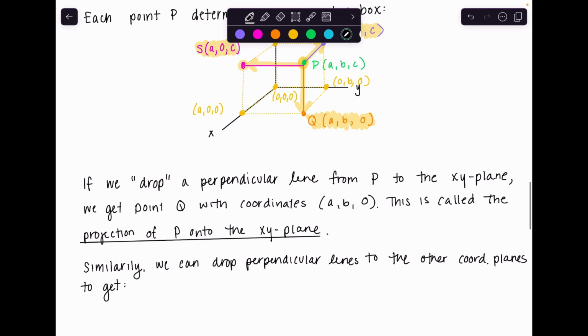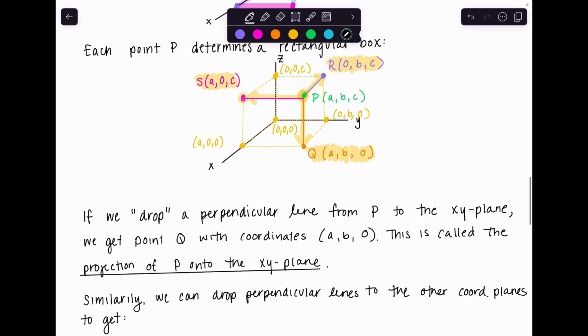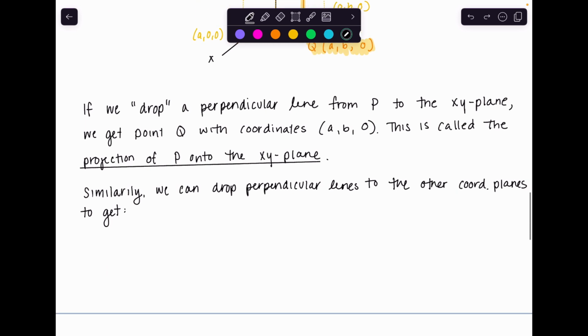Okay, so going back up here, R is the projection onto the YZ plane, and that's where we make our X equal to 0. So R has the coordinates 0, B, C.